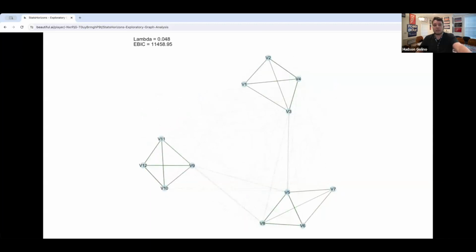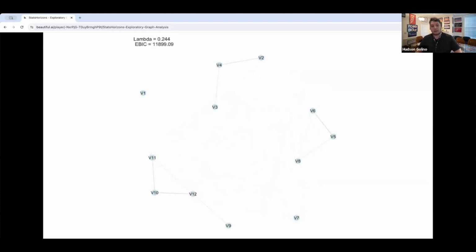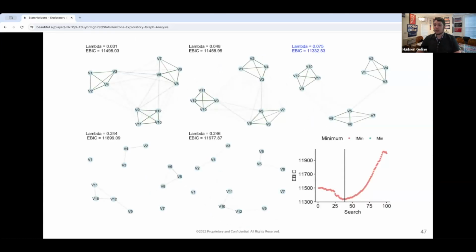When we do that, we compute the extended Bayesian information criteria one more time. We can keep increasing lambda, shrinking the partial correlations towards zero, and recompute the index again. And we can keep doing that. Now what we have is a search.